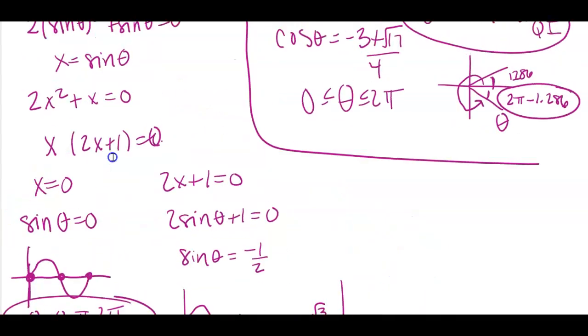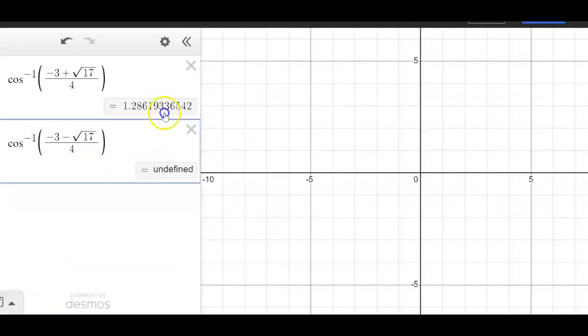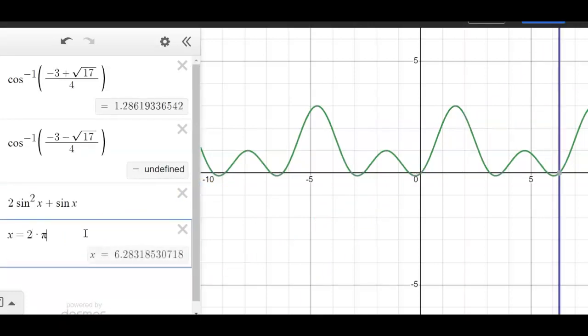And one thing you can also do in Desmos is you can go in and check your answer. So we could say like, okay, where is 2 sine squared x plus sine x equal to 0 on this domain, right?